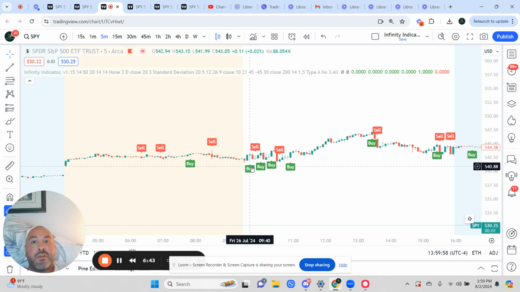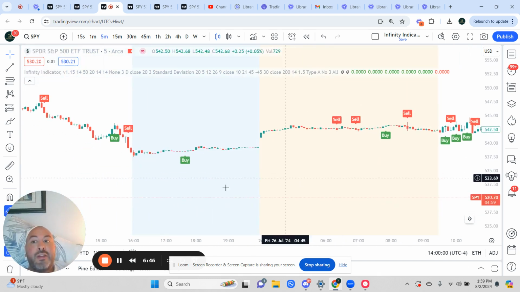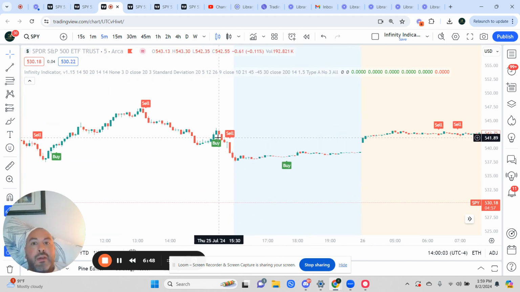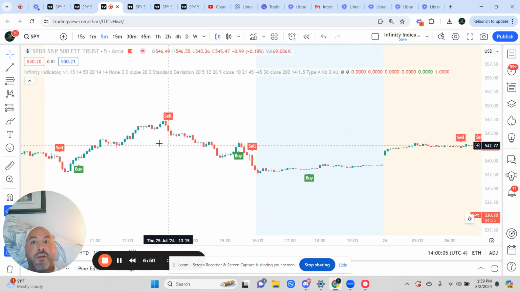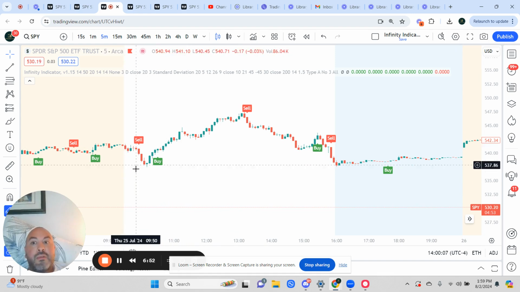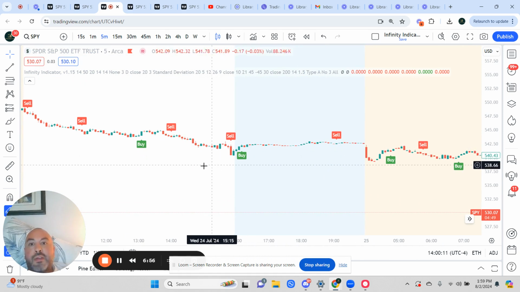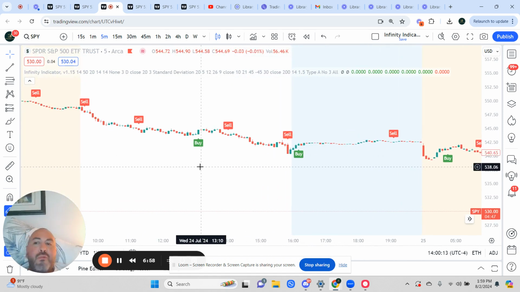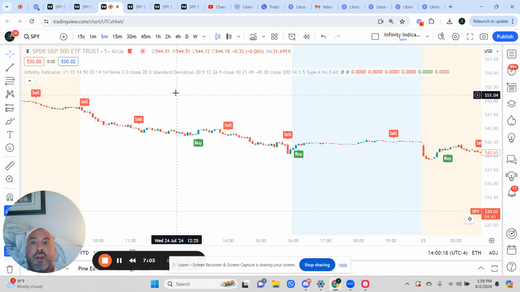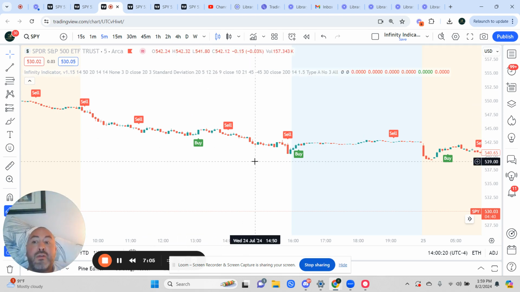Here's another loss, there's 11. Here's another one, 12. That's actually a win. So 12 losses. So we have more than double the losses with this higher time frame off, just in this little period here.